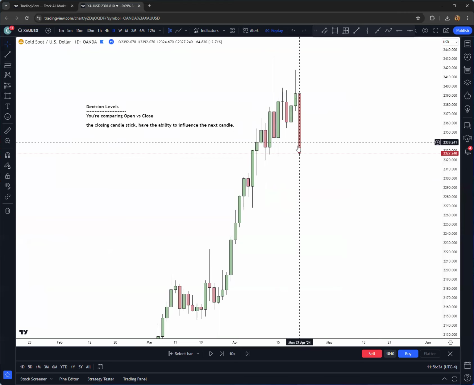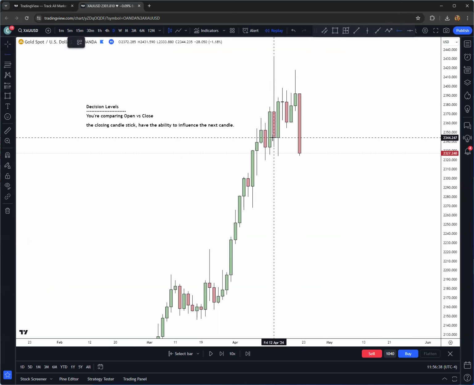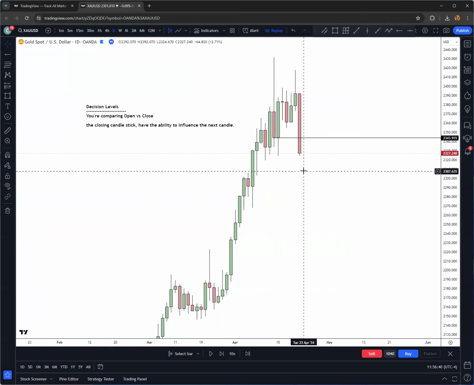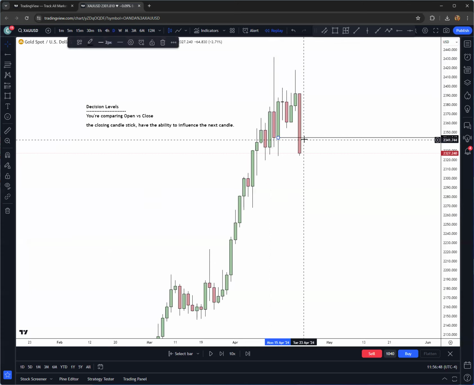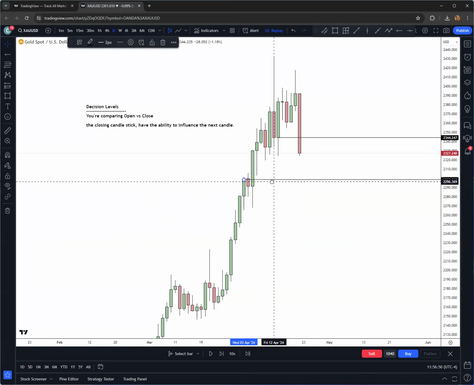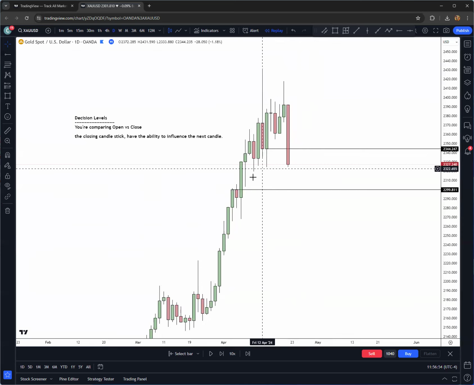So now look, price is pulling down here. This is already broken, right? Daily is broken here. The open versus the close. So more likely, price could want to target this rally decision, right?